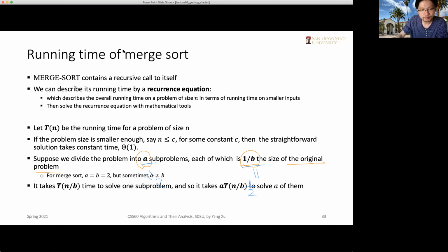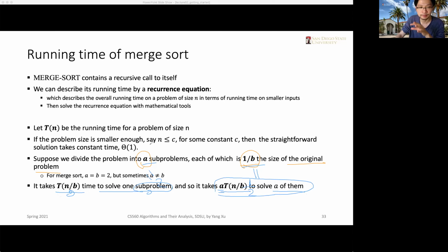Then we can use the same expression, T of n over b, to denote the time needed to solve one subproblem. And if we take all these a subproblems together, then a times T of n over b is the total amount of time to solve a of them.